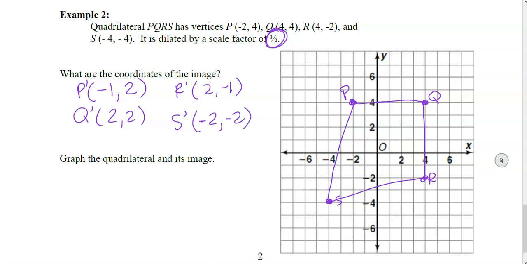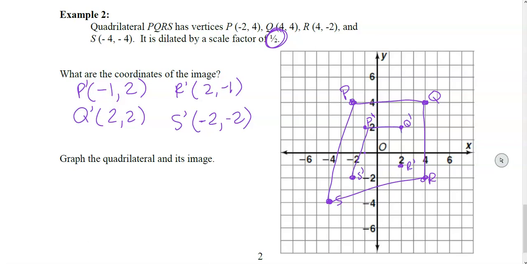Alright, so again, I will plot the new points. So -1 and 2, there's my P prime. My Q is 2, 2, there's my Q prime. My R is 2, -1, so there's my R prime. And my S is -2, -2, there's my S prime.